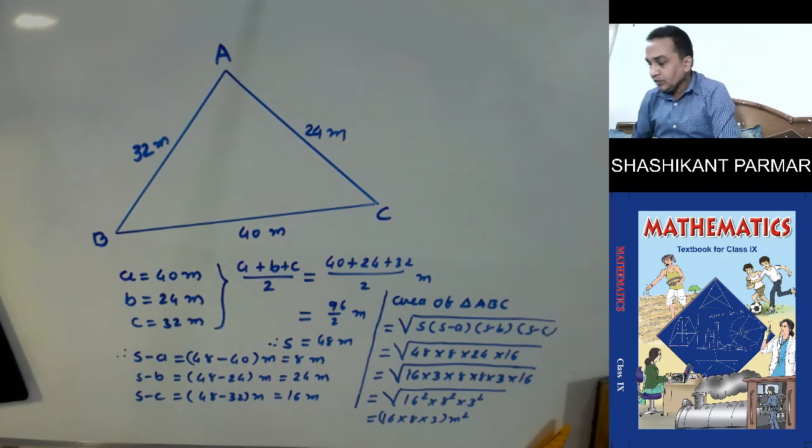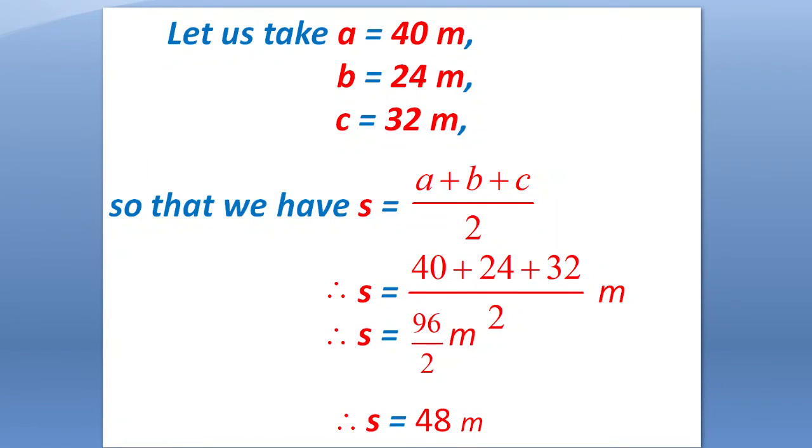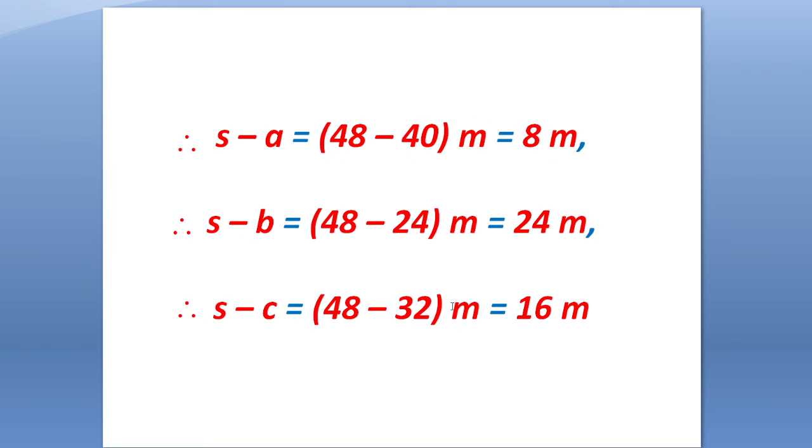So see this: a is equal to 40 meter, b is equal to 24 meters, c is equal to 32 meters, so that we have s is equal to (a plus b plus c) by 2, which is (40 plus 24 plus 32) by 2, 96 by 2 meter, so s is equal to 48 meter, and then find out s minus a. 48 minus 40 meter is equal to 8 meter. s minus b is equal to 48 minus 24 meter, which is 24 meter, and s minus c is equal to 48 minus 32 meter, which is 16 meter.